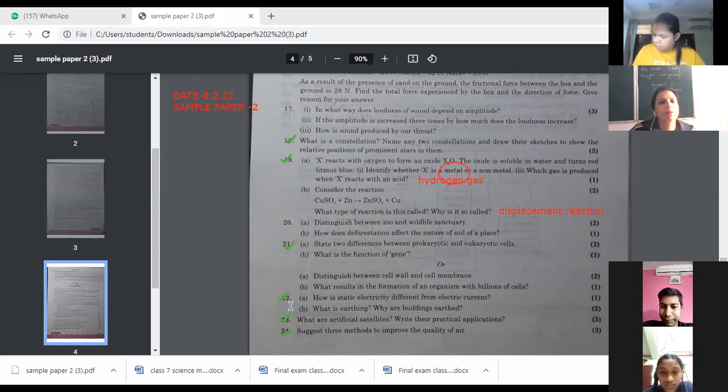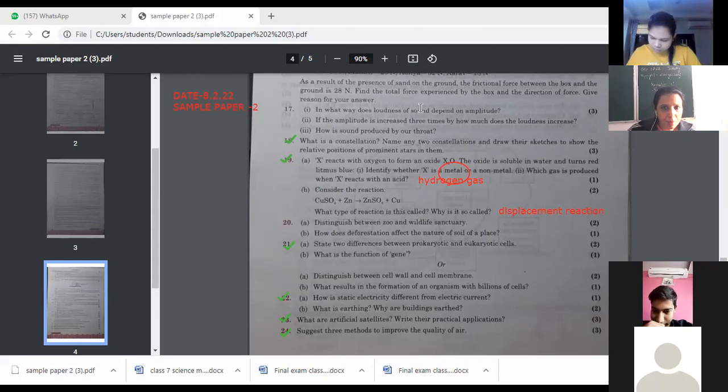Yes, Chaitanya? Ma'am, may I tell, Arav? Yes, sure, Arav. Ma'am, the cells having nuclear material without nuclear membrane are prokaryotes. And in eukaryotes, the nucleus is well defined. Okay.